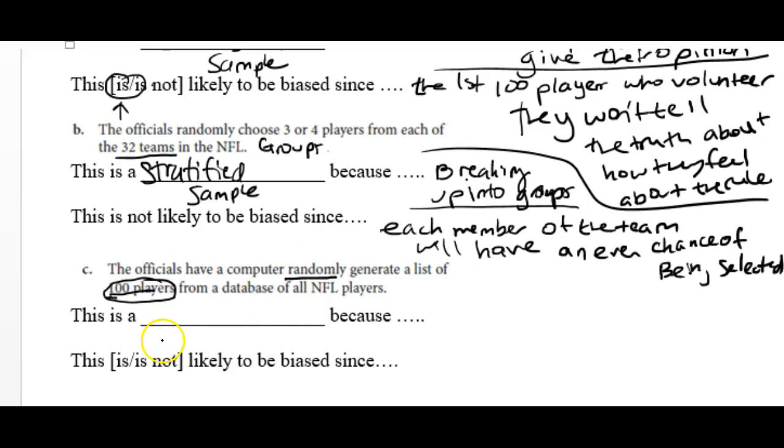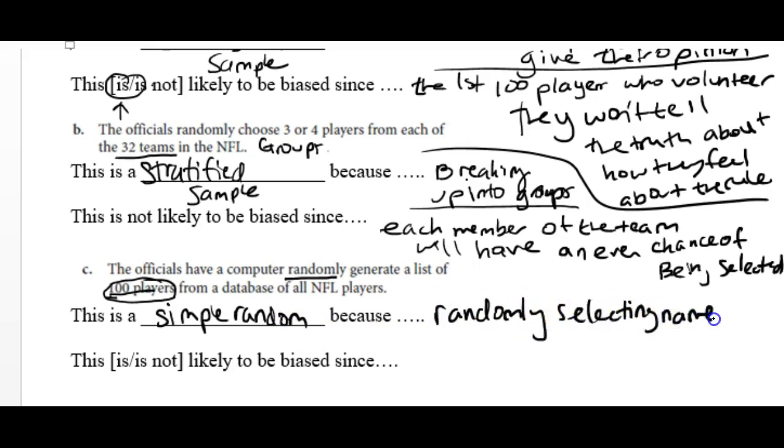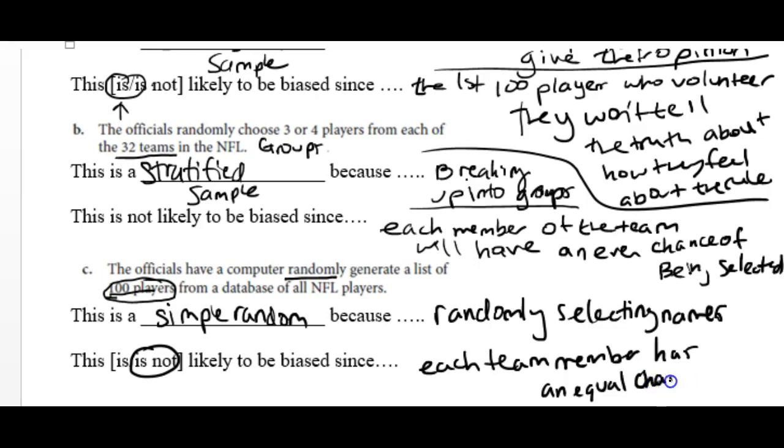That's giving us a hint that this is actually going to be a simple random sample, because they're randomly selecting names. Okay. This would not likely be biased because, again, each team member from the NFL has an equal chance of being selected.